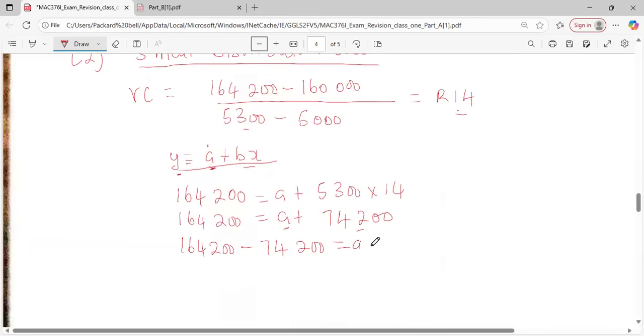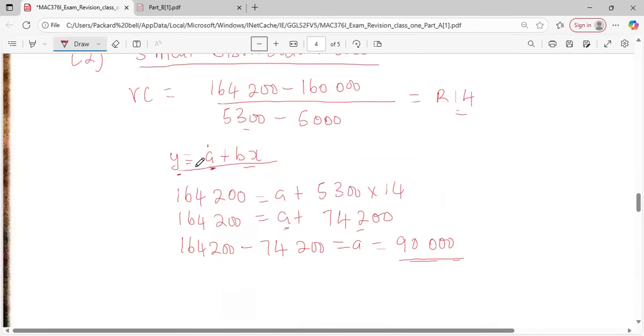So our fixed cost is going to be 90,000. Right, so this is our fixed cost. So now you want the cost for September. So this is the fixed cost for September.